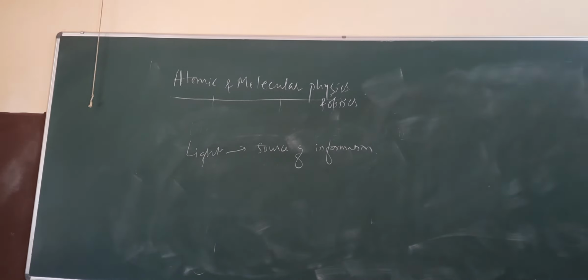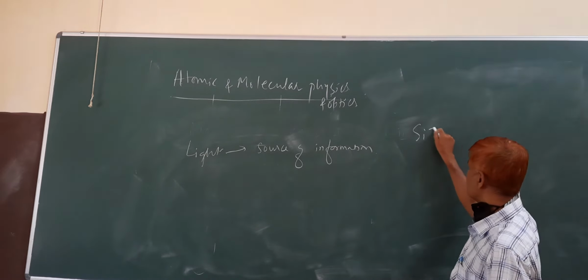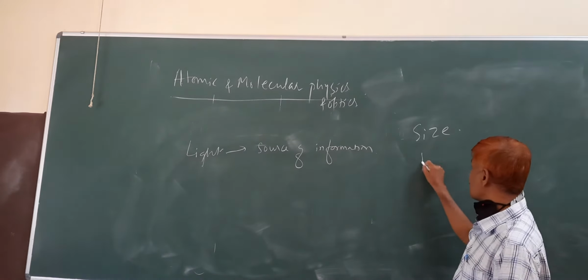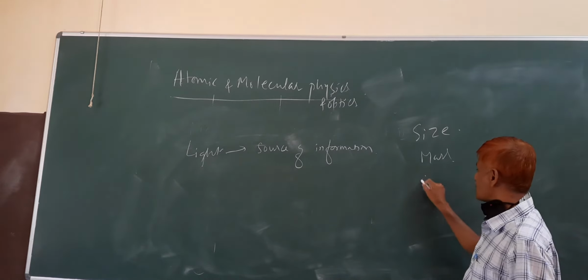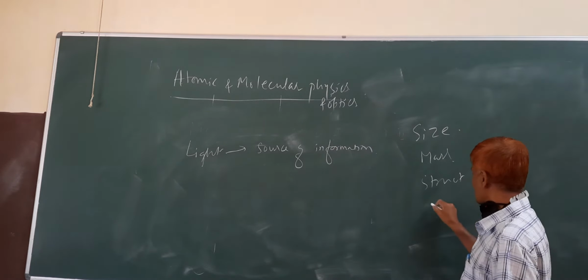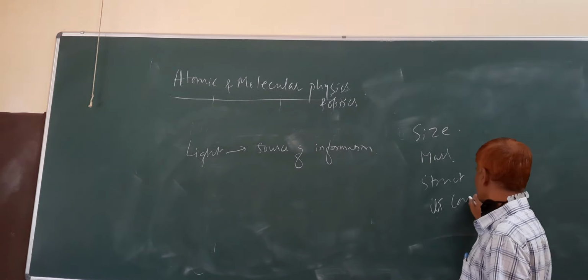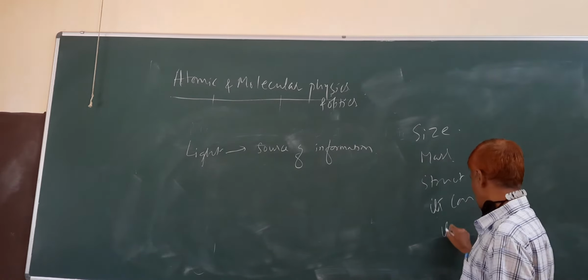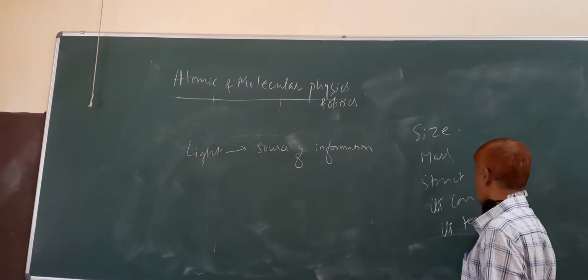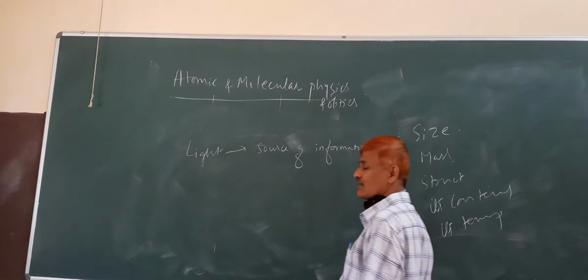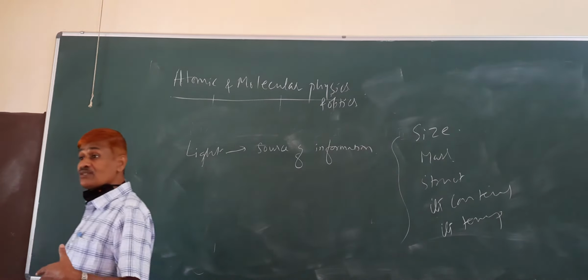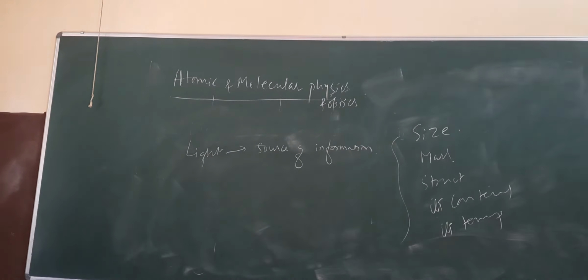By seeing the spectrum, by looking at the light coming from the star, we are able to say the size of the star, the mass of the star, the structure, its content, its temperature, everything about the star, and whether it is coming toward us or moving away.